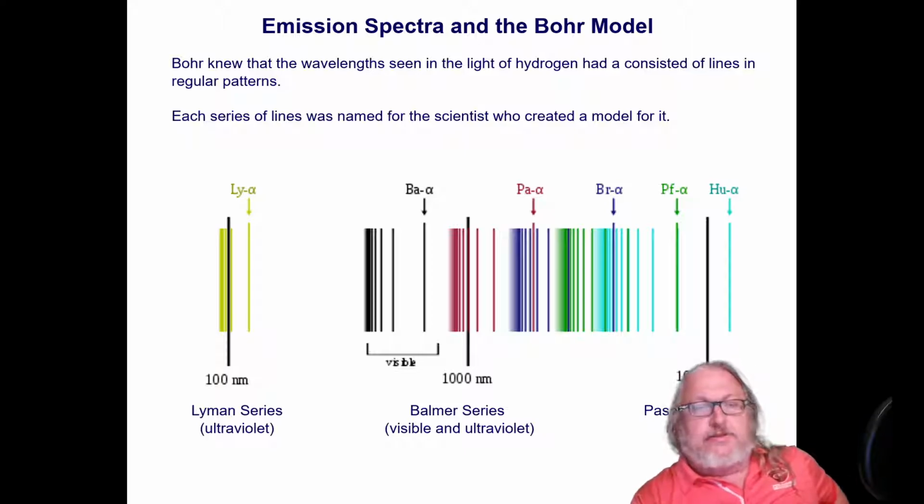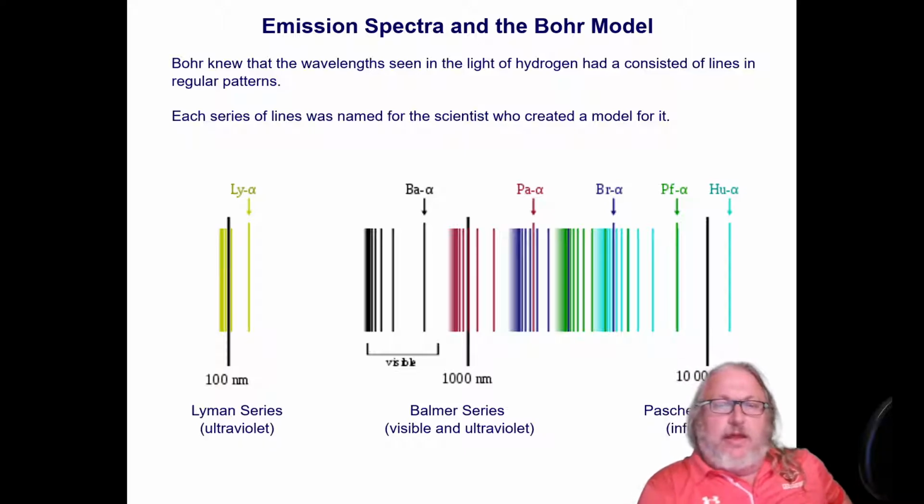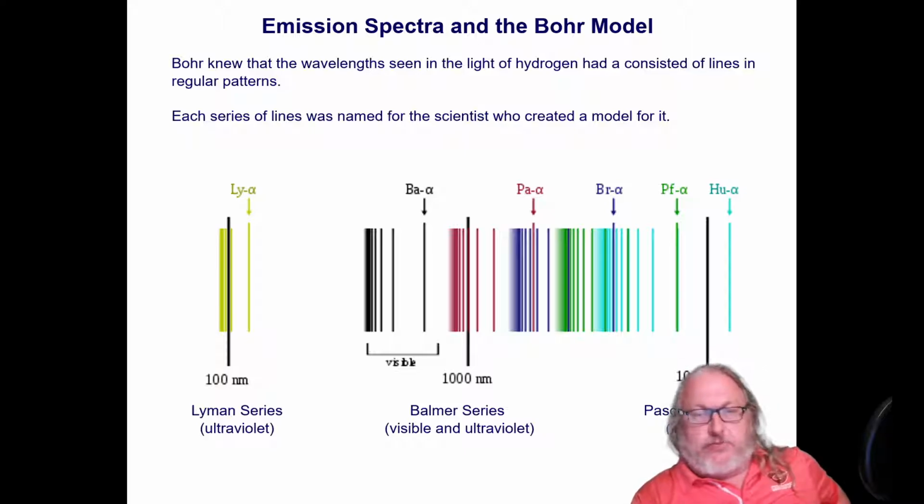In the ultraviolet, you had the Lyman series. These waves were around 100 nanometers. The visible spectra is between 100 nanometers and 1,000 nanometers. This is what we call the Balmer series, which is in the visible and also in the ultraviolet spectra.